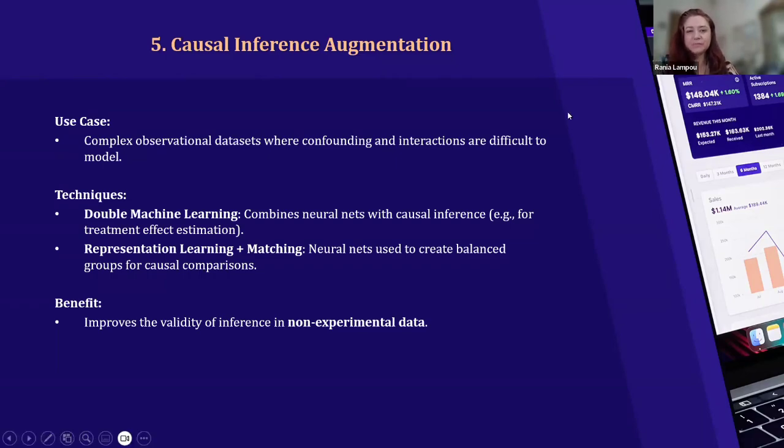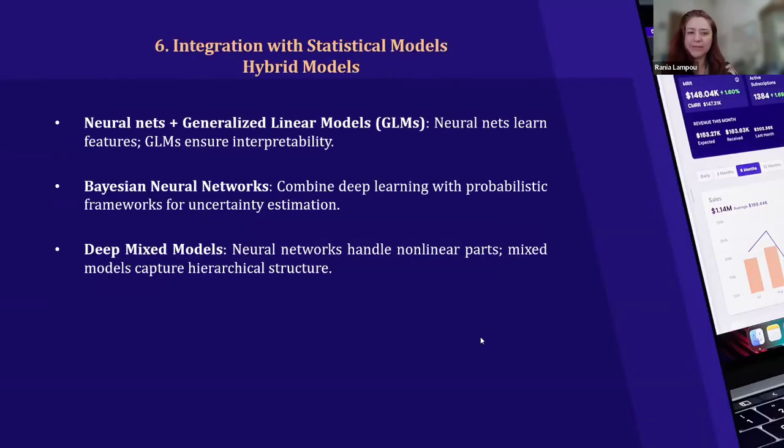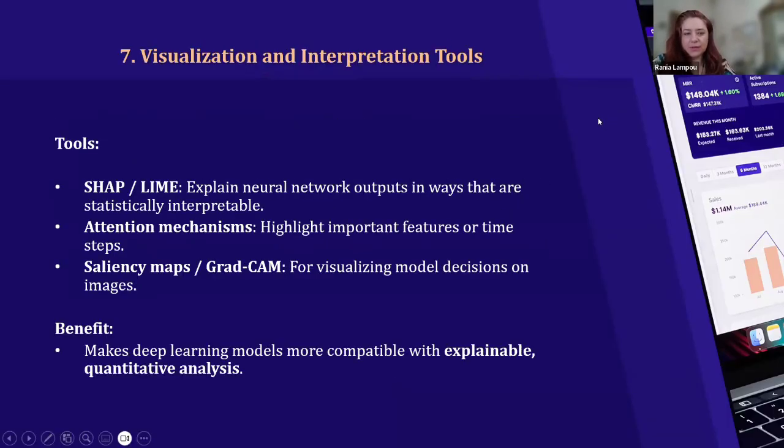And integration with statistical models: Bayesian neural networks, and deep mixed models where neural networks handle nonlinear parts and mixed models capture hierarchical structure. For visualization, we have saliency maps for visualizing model decisions on images, and SHAP and LIME, which explain neural network outputs in statistically interpretable ways. The benefit is that we can make deep learning models more compatible with explainable quantitative analysis.